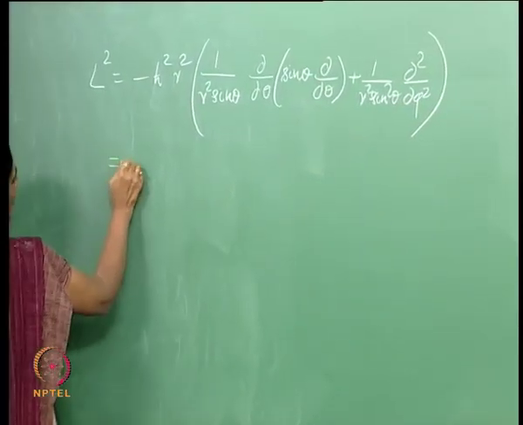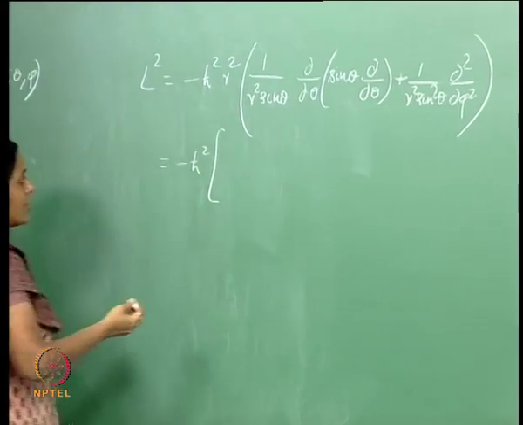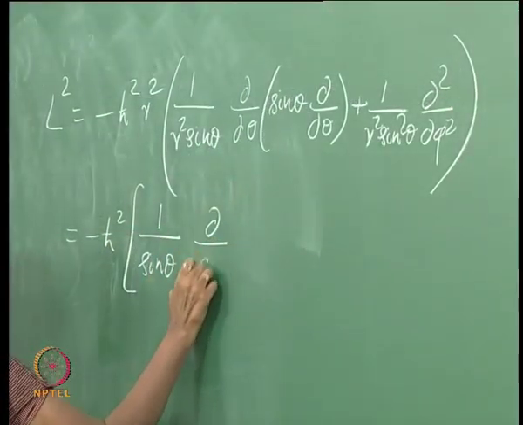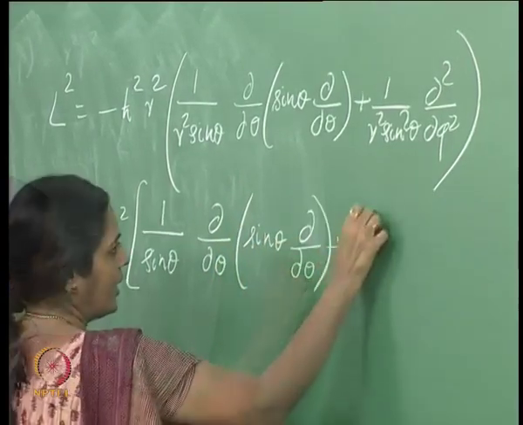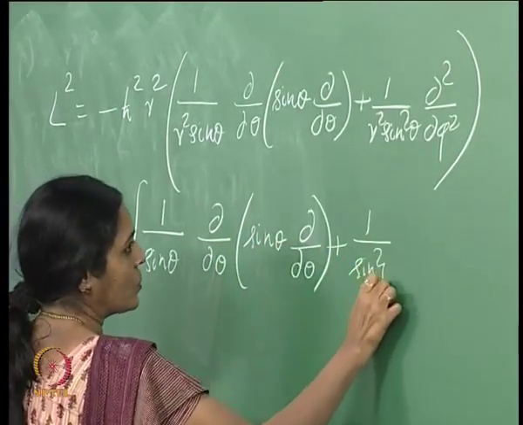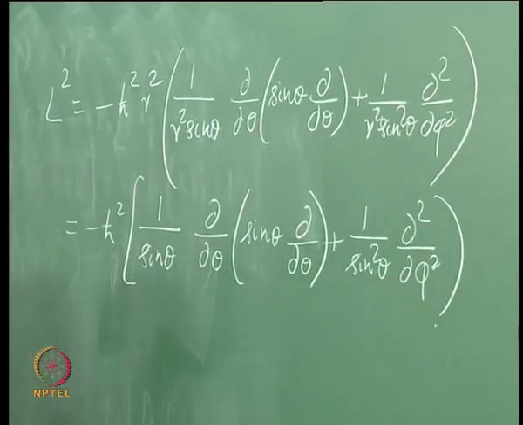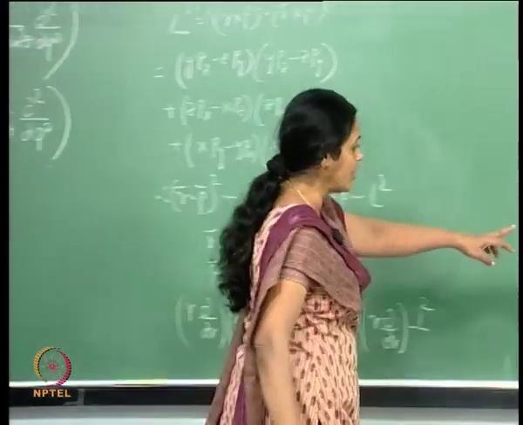Can cancel r squared, and therefore I only have an angular dependence in L squared, as I would expect. So this is the expression for L squared in spherical polars. I can see that L squared depends only upon the angular variables and is essentially the angular part of del squared. That is what this equation tells me.